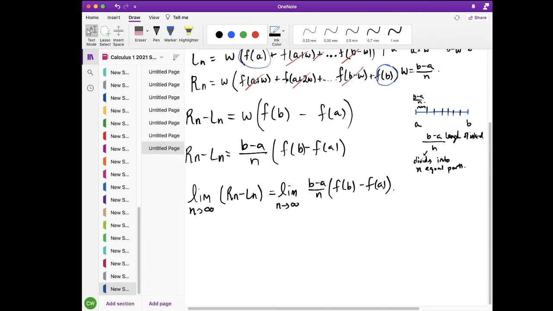To think that, really say, what is f of b minus f of a, and what is b minus a? And if you take n to infinity, what do you think happens?